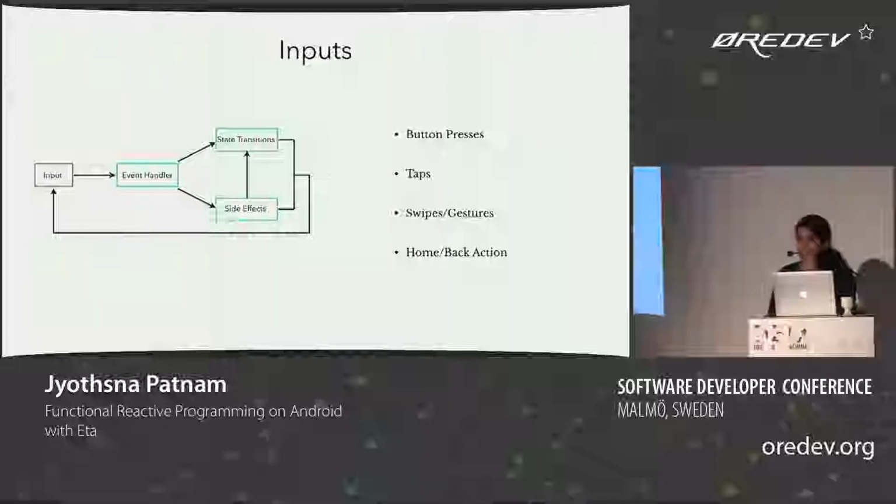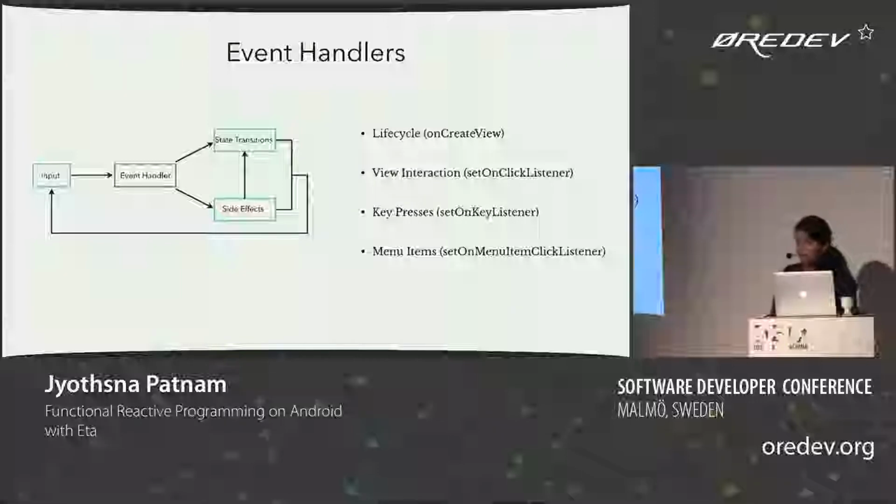Inputs are a medium through which the user interacts with the application itself. They may be button presses in Android programming, taps, swipes, or gestures. Event handlers are pieces of code that trigger the main business logic of the application.